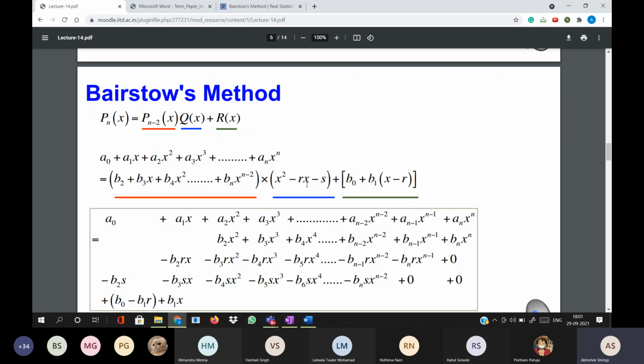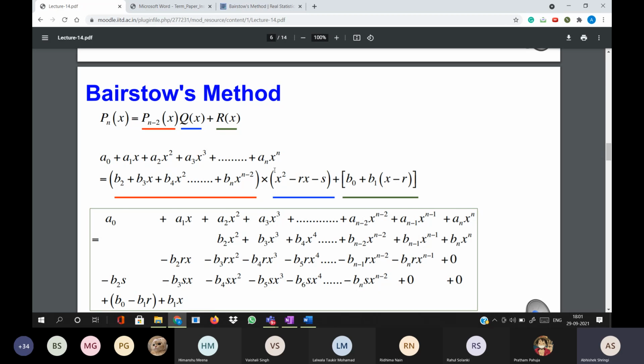What we can measure is the change in r and the change in s: how much change in r will take place and how much change in s will take place. We can determine these two things by the Bairstow method.